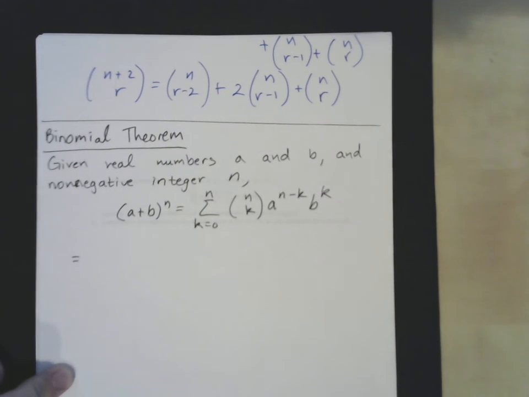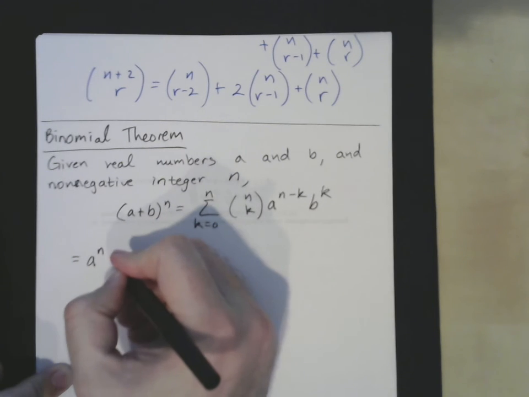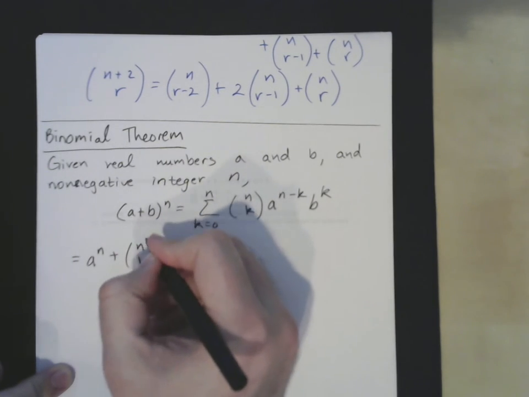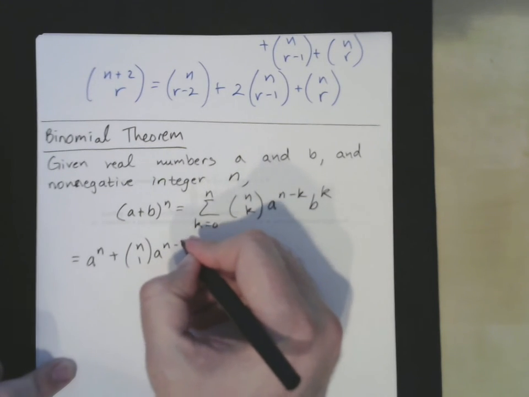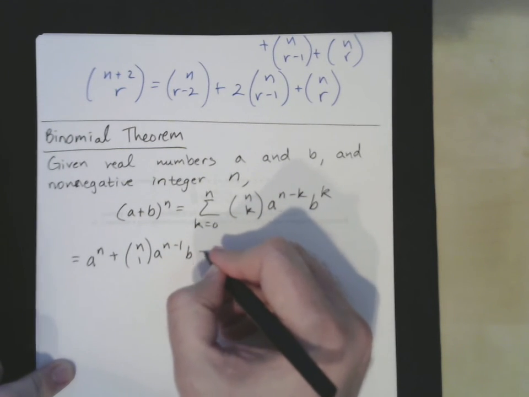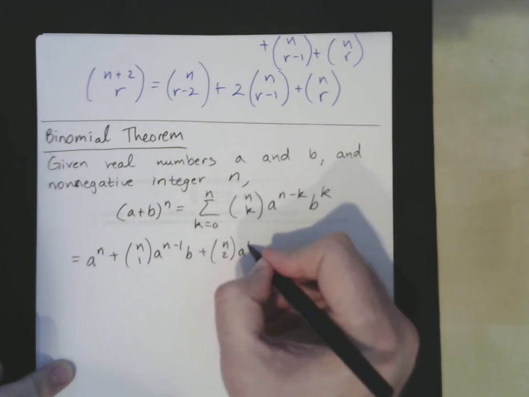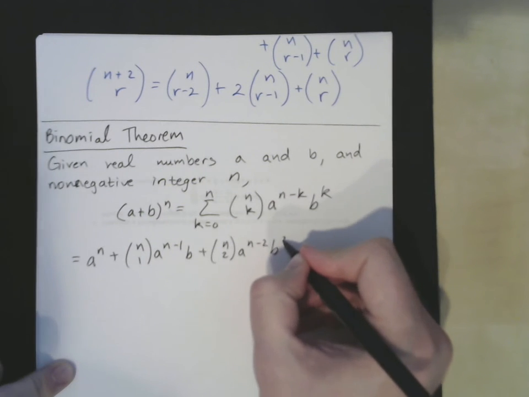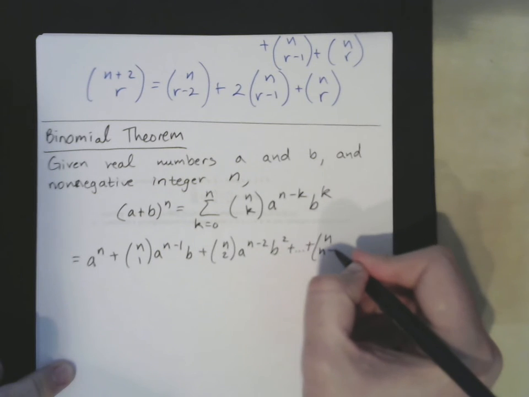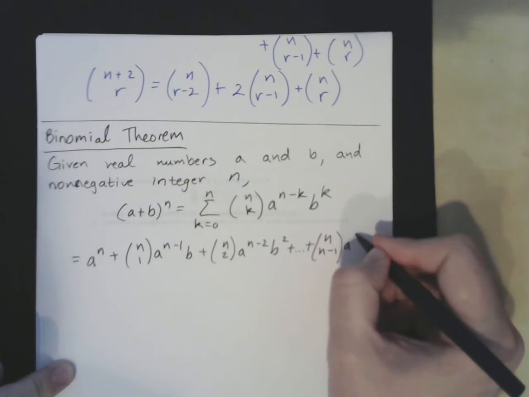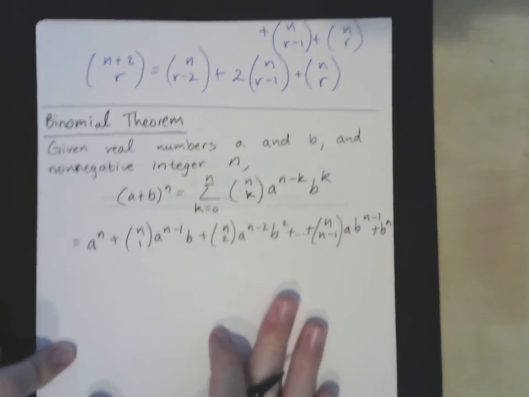which, if you remember from your pre-calculus days, this gets expanded out to a to the n plus n choose 1 a to the n minus 1 times b plus n choose 2 a to the n minus 2 times b squared plus dot dot dot all the way to n choose n minus 1 a times b to the n minus 1 plus b to the n.